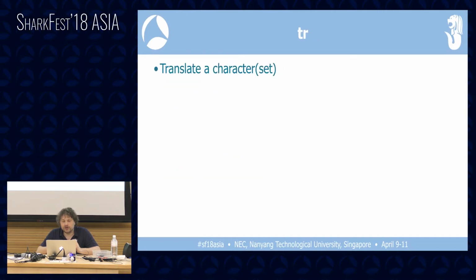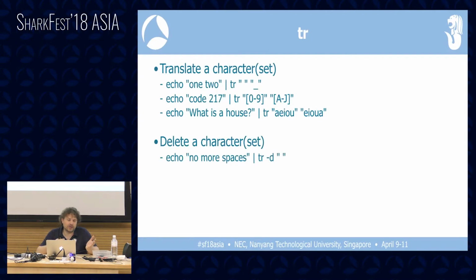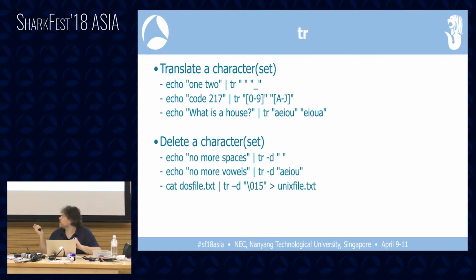With translate, tr, you can translate stuff, so you can translate a space into an underscore, or you can change characters, and you can delete characters, which is handy if you have a Windows formatted ASCII file and you want to delete the carriage return, you can use tr for that. And that's this example. That's how you delete the carriage return from a DOS file.